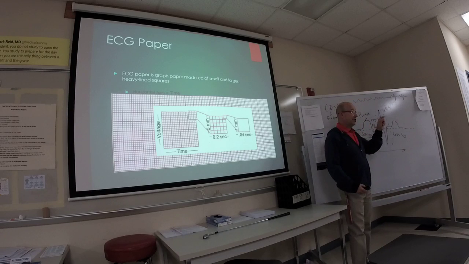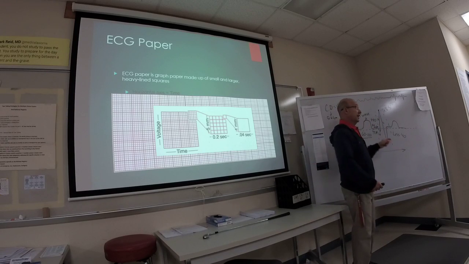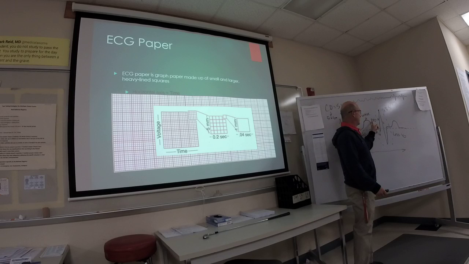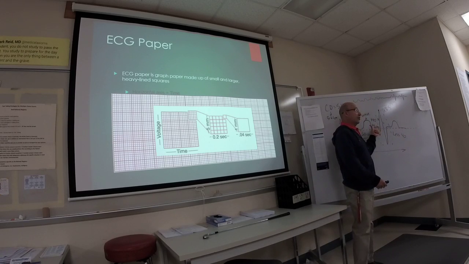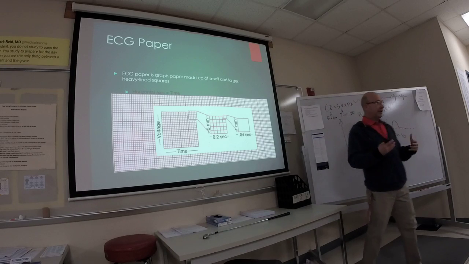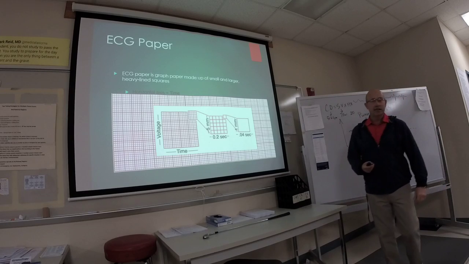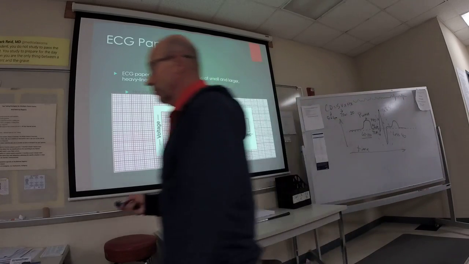By definition, a first degree heart block is where you have a PR interval greater than 0.20 seconds, or 1 big box. So if your PRI is longer than 1 big box, you have a first degree heart block. See how the rules come into play? You just have to memorize these rules. They're easier as it goes along, but it's a must to memorize these rules.